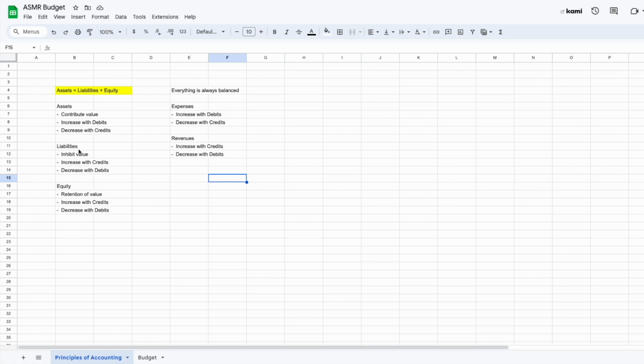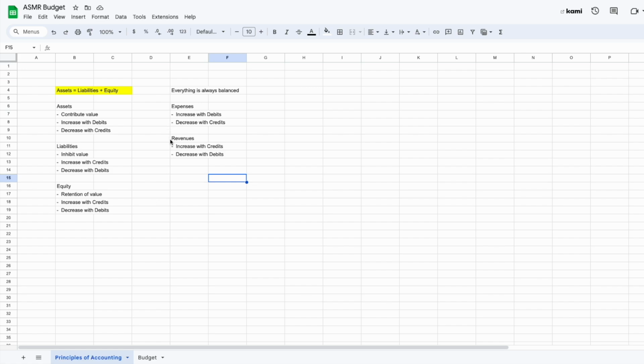Same with liabilities, equity increases with a credit and decreases with a debit. But there are also expenses and revenues, which may seem a little counterintuitive, but that's just the way it works. So expenses will increase with debits and decrease with credits.